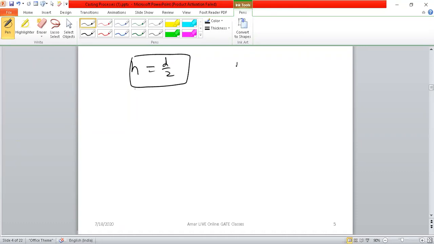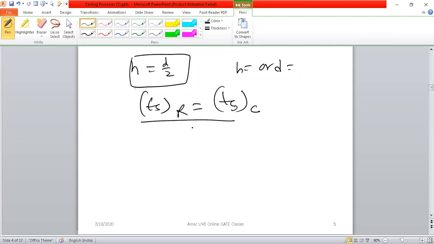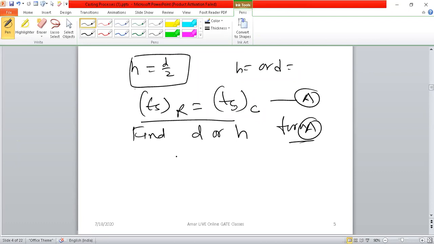Then you have to find H or D from this relation, the solidification time of the casting. You have to find D or H from this, and then you will get some diameter value or H value, then that will be your answer.